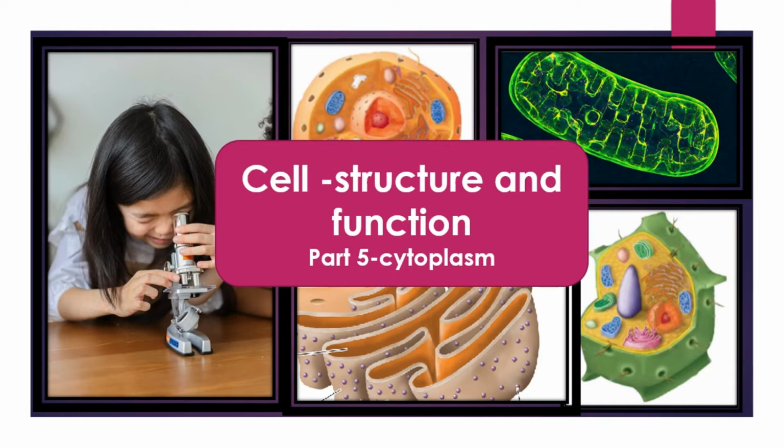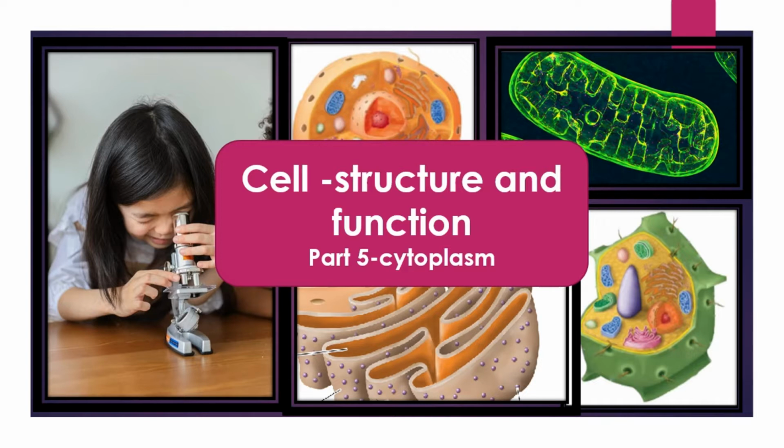In the previous lesson, you learned about the cell membrane, which is the outermost covering of a cell. You learned that a typical eukaryotic cell has three basic parts: the outermost boundary, which is the cell membrane, cytoplasm, and nucleus.